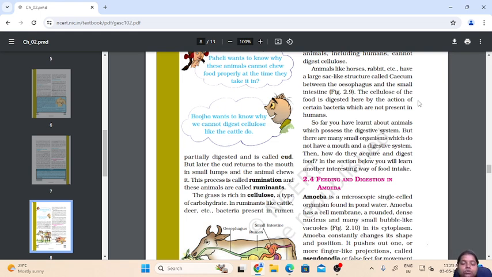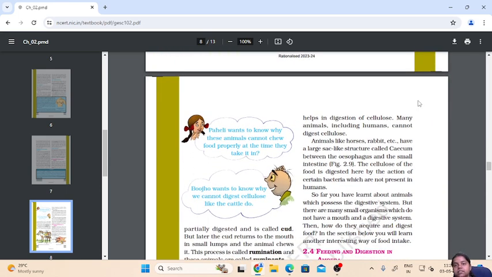In ruminants like cattle, deer, etc., there is bacteria present in the rumen that helps in the digestion of cellulose.